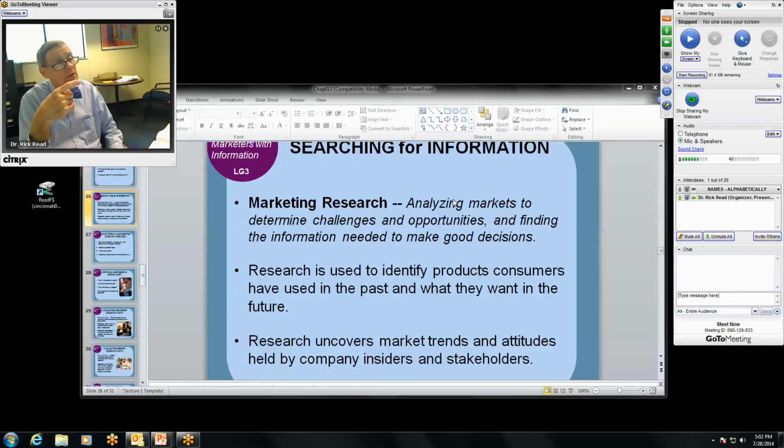Do they want a new product, or need something that's been improved, perhaps reduced in price, etc. Research also uncovers the direction the market is going to move, and how it's going to change by its own demographics.